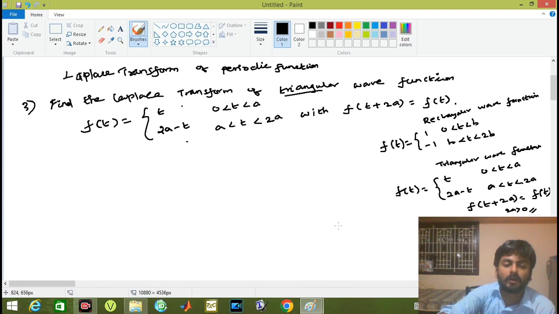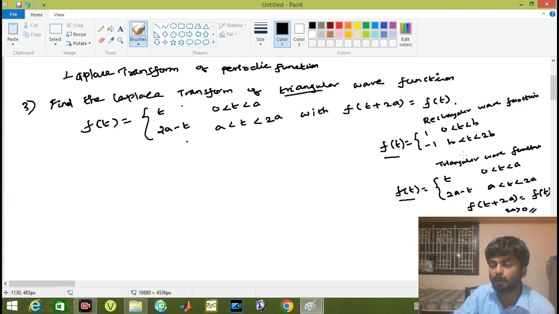Now we shall know, dear students, for you these two equations may look similar because both are having the same intervals. Here intervals are for b, here intervals are for a, but both are looking the same.